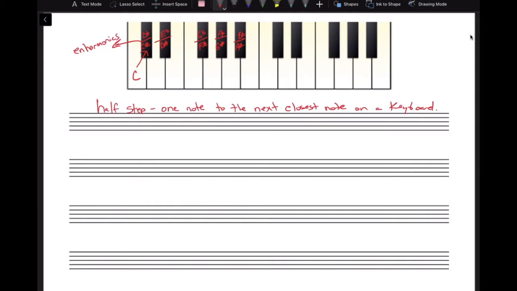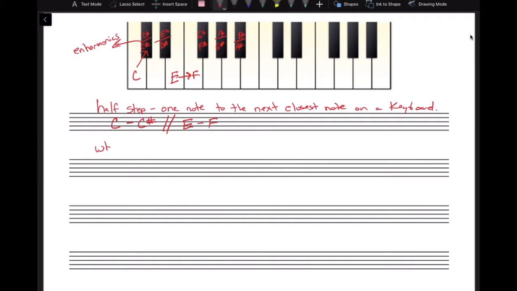Sorry for my chicken scratch. One example of a half step is going from C to C sharp. Another one would be going from E to F, because there's no note in between here, with the way our system is set up. So another example of a half step is E going to F.